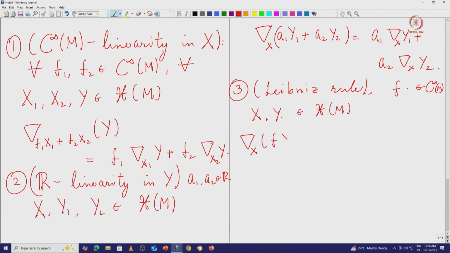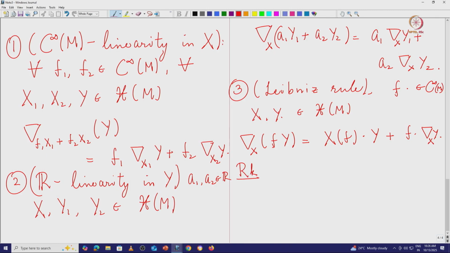Right, so then the derivative of fy with respect to x is precisely, you first differentiate f multiplied by y, plus f times this. Okay, so this is of course analogous to the product rule for usual derivatives.